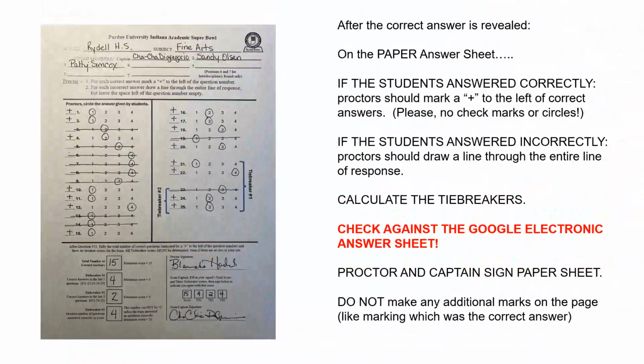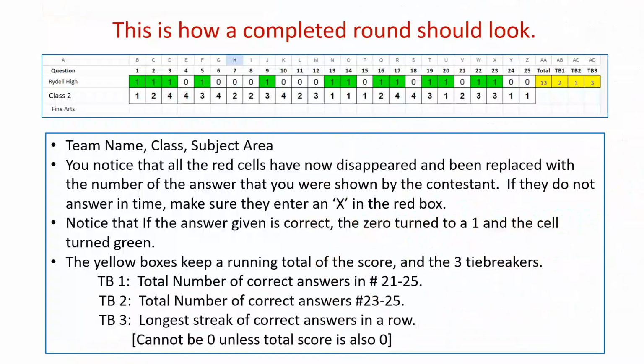Okay? So this is how a completed round should look on the electronic sheet. Remember, you've got your team name, class, subject area. You notice that all the red cells have now disappeared and been replaced with the number of the answer that you were shown by the contestant. If they do not answer in time, make sure that they enter an X in the red box.